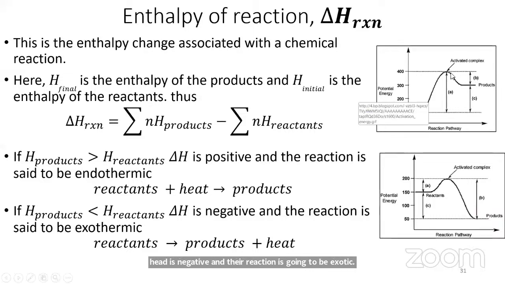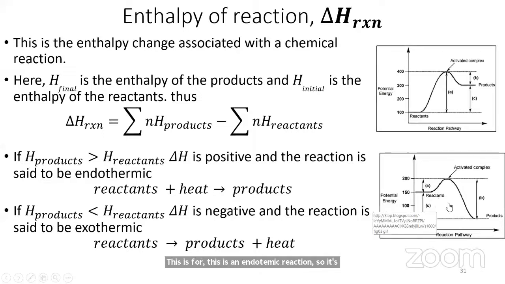So we have this here. For the reaction pathway, we have our reactant. For it to go to product, it must cross this barrier, and this is what we call the activated complex. What it means is that you must supply heat energy for the reactant to overcome this activated complex so that you are able to form the products. So for this, this is an endothermic reaction, so it's going to be positive.